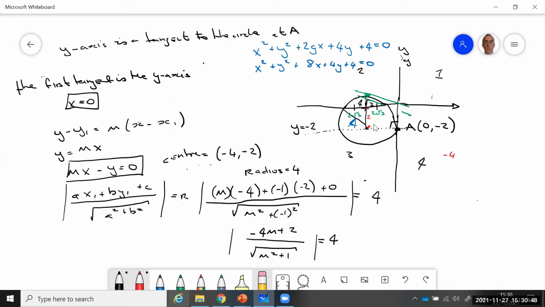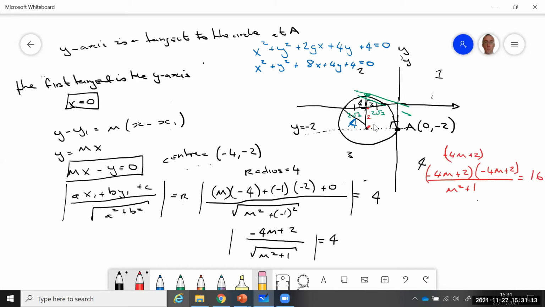So we therefore have minus 4m plus 2, times minus 4m plus 2, all over the square root of m squared plus 1 squared, which is just m squared plus 1, and all that equals 16.